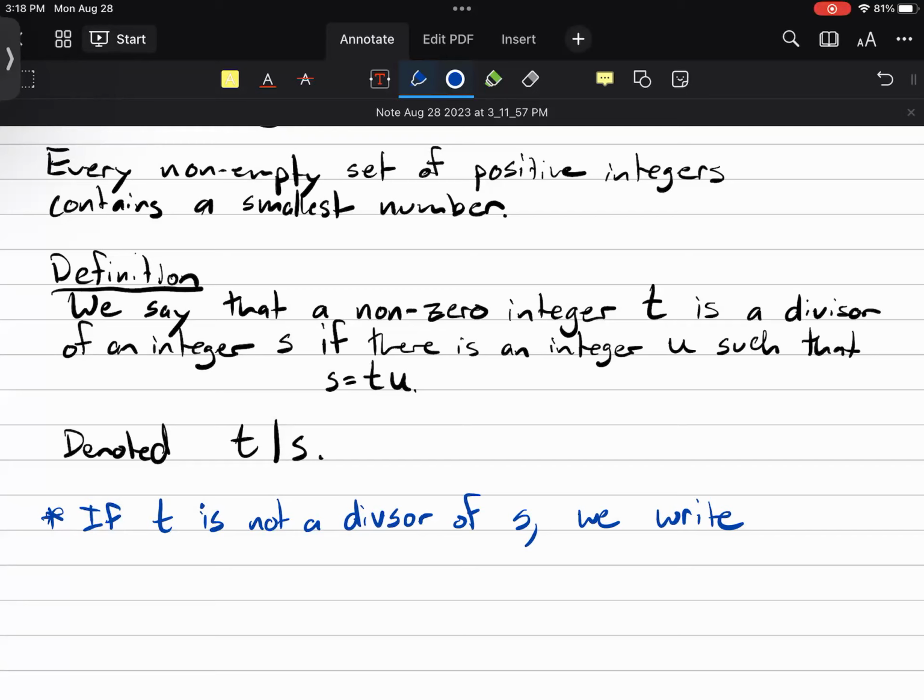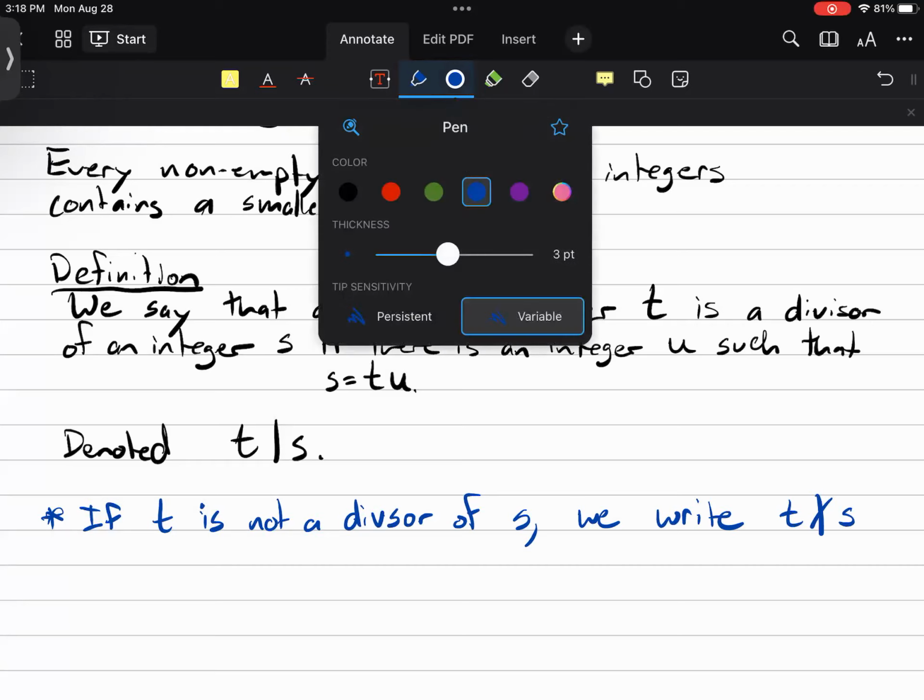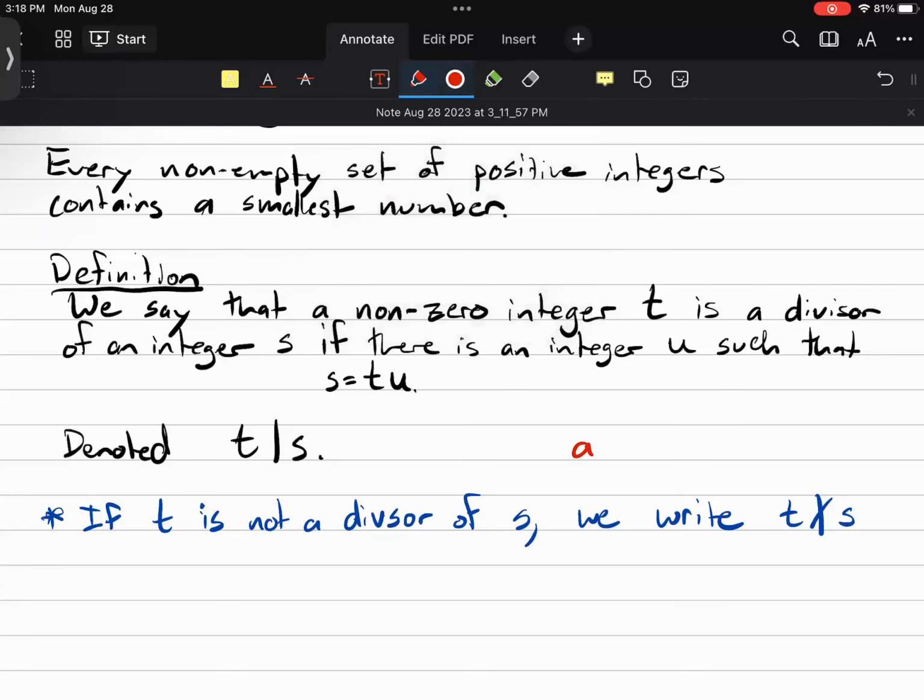You want to say not something, just put a nice little slash through it. So in this case, it would be t, vertical line with a slash through it. Similar to set notation, where if you want to say a is not an element of the set containing 1, 2, and 3, you just put a nice little slash through it. That theme you will see throughout all of mathematics, no matter what field you get into.